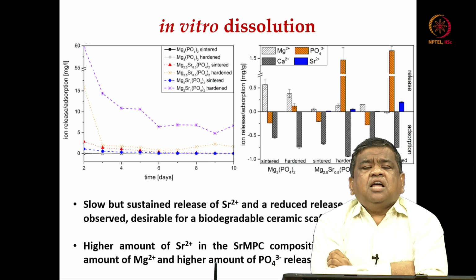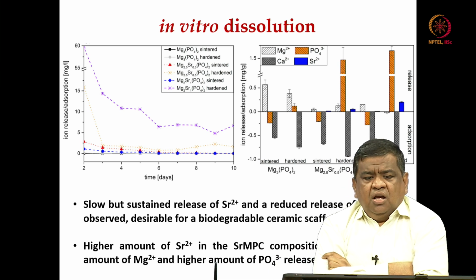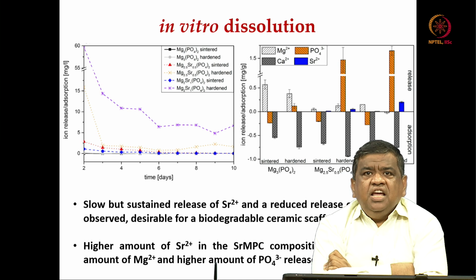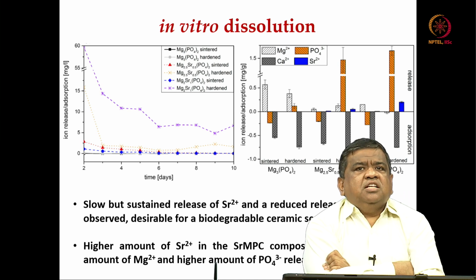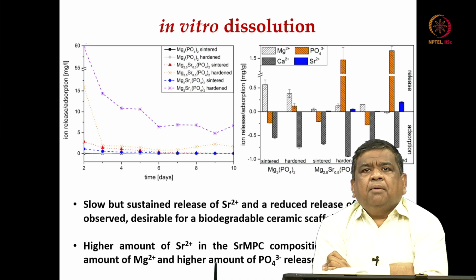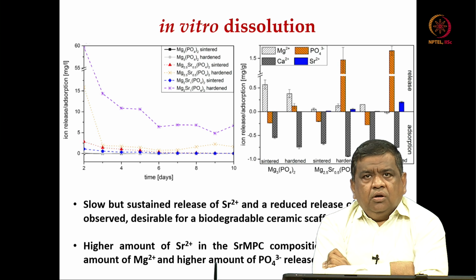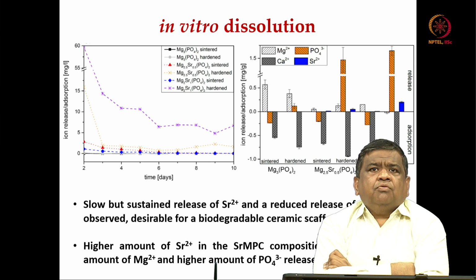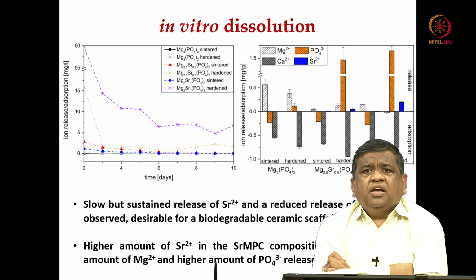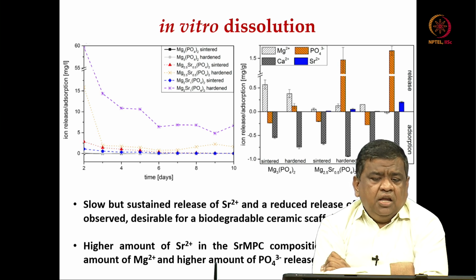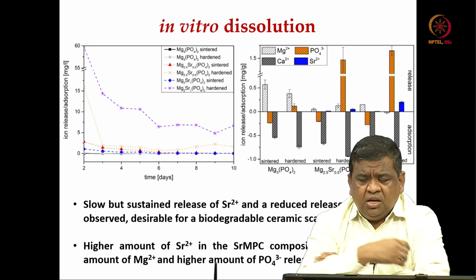So, one of the motivations for developing these strontium doped magnesium phosphate materials is essentially to see whether the strontium can be released when these materials are placed in the physiological medium. There are specific experiments which are conducted to find out how strontium is dissolved in this in vitro medium.